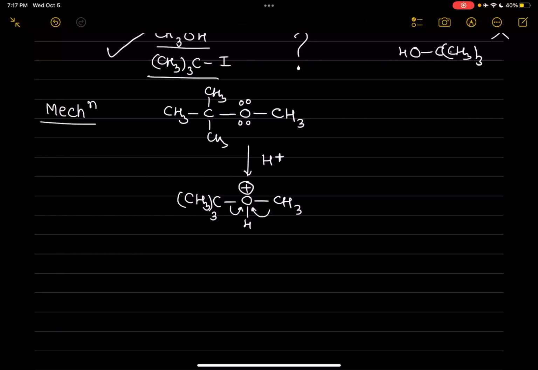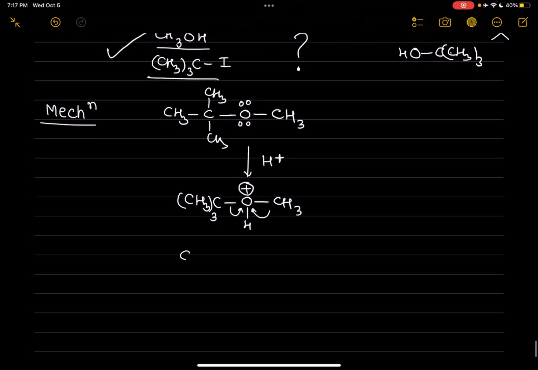The carbon oxygen bonds are the same on both sides. But once this oxygen separates by pulling the bonded electron pair on itself, it will leave behind a carbocation. It is going to leave behind a positively charged carbon atom.